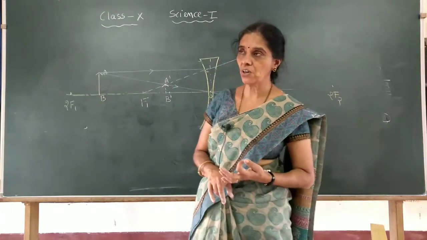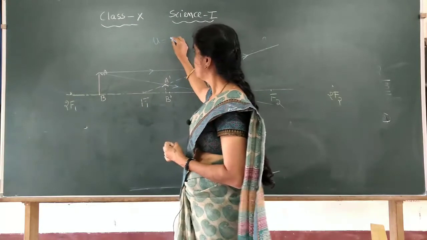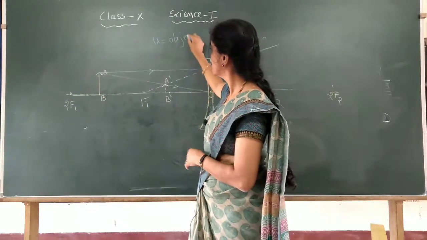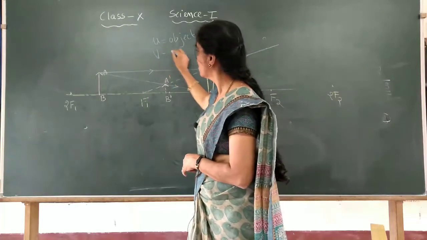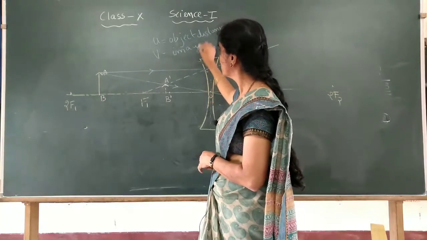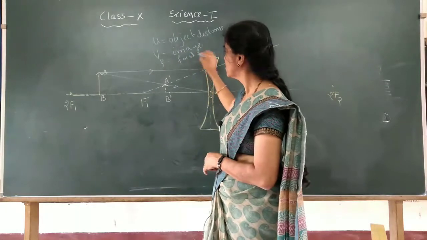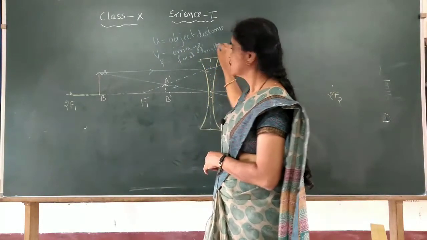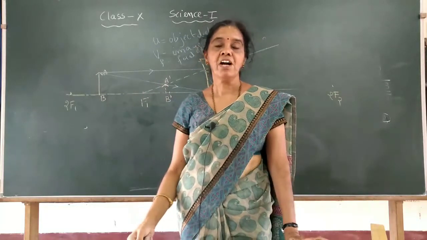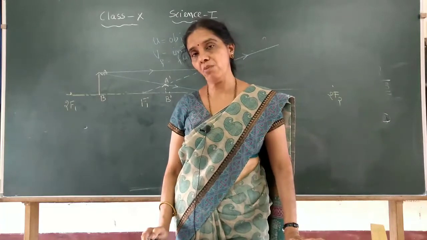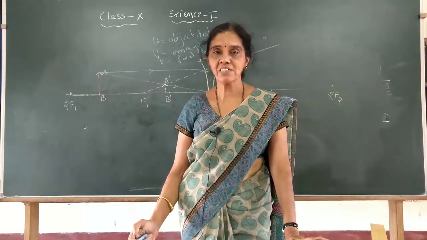Now here also the symbol u is used for object distance, v is for image distance, and small f for focal length. Here also magnification m is there: the height of the image divided by the height of the object, or it is also given by the image distance divided by the object distance, v by u.